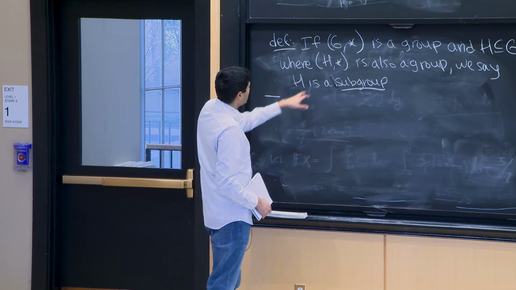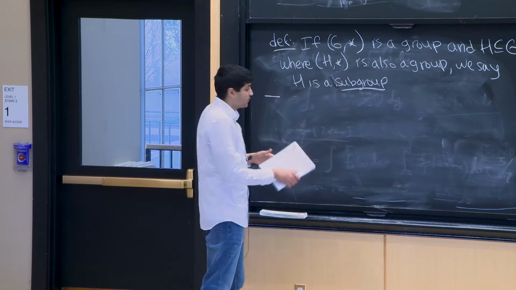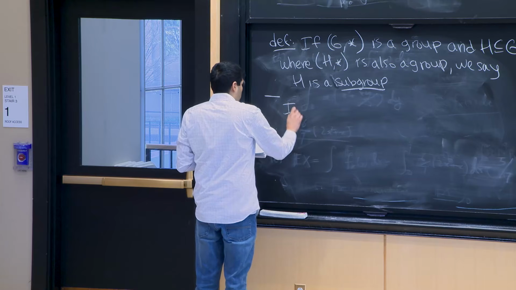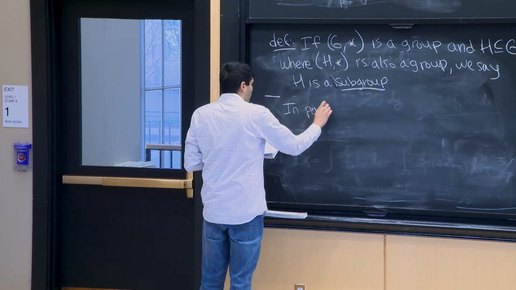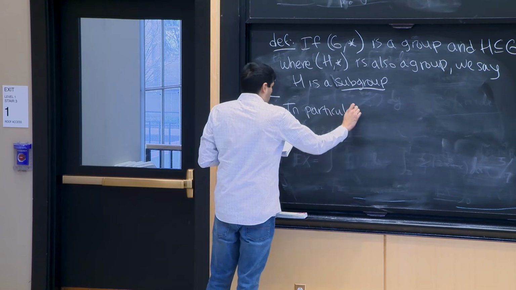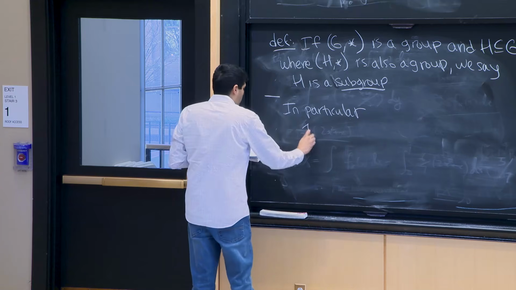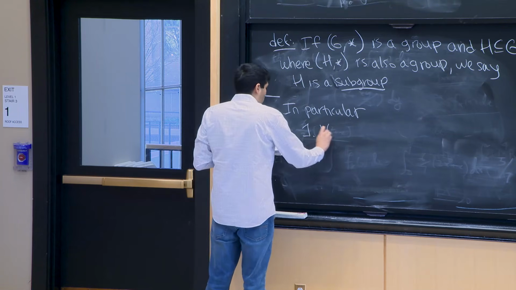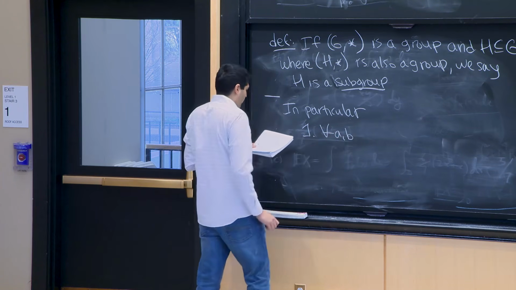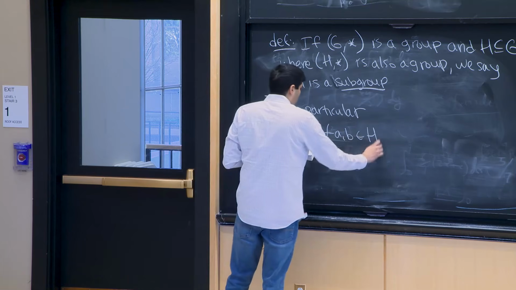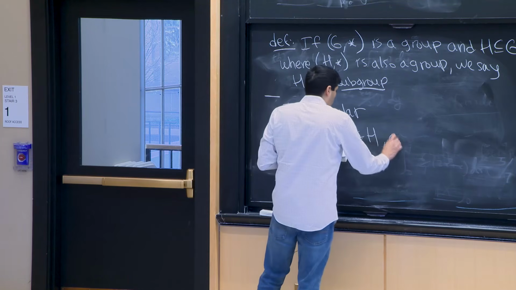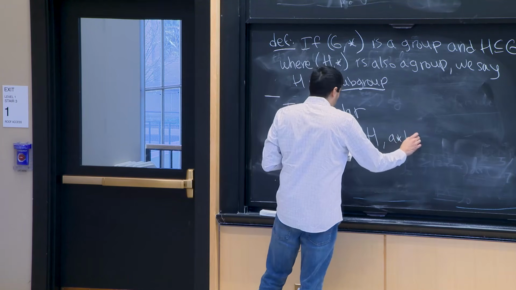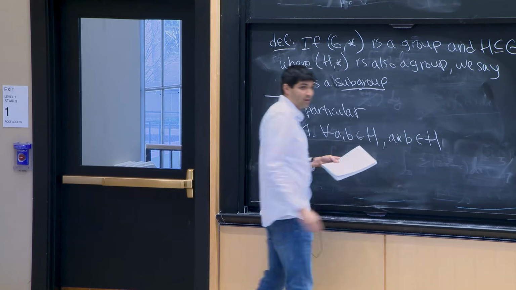What does it mean for H star to be a group? In particular, what this definition is really telling us is that we better satisfy a stronger closure property. When we have any pair of elements A, B that belong to H, we need that A star B belongs to H as well.